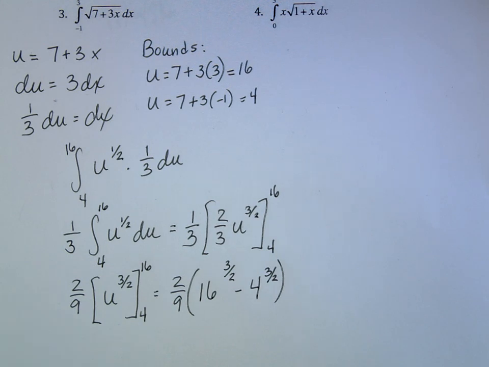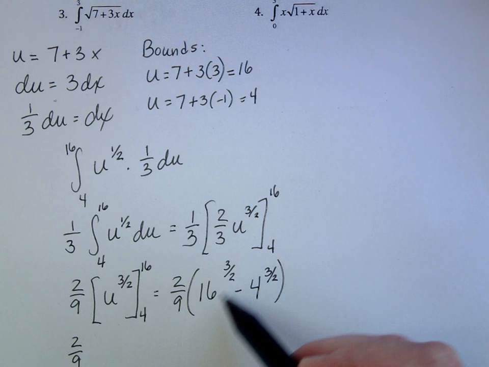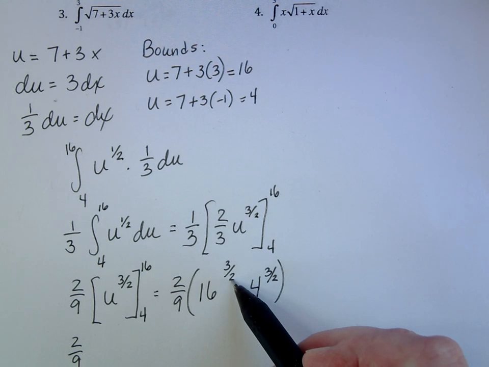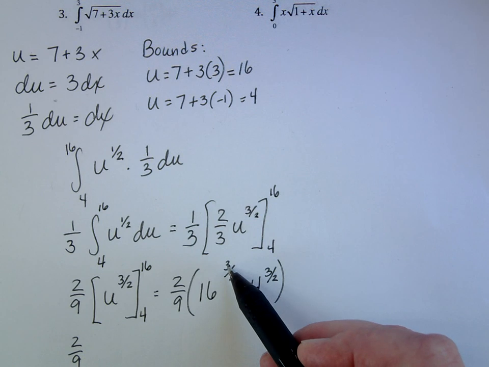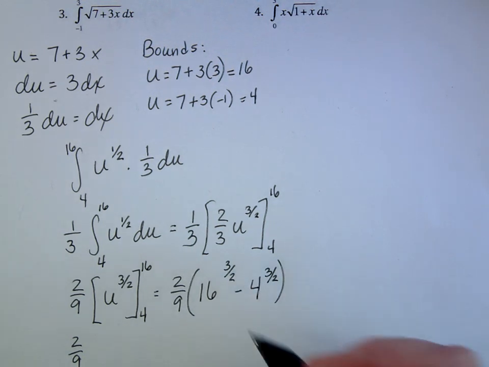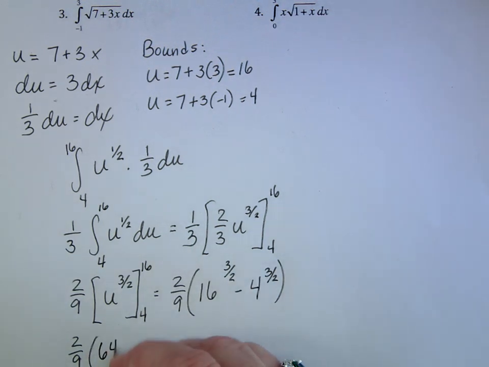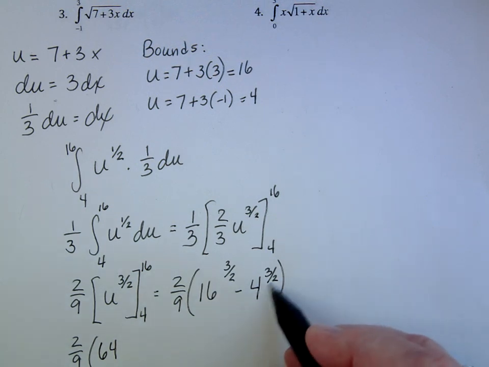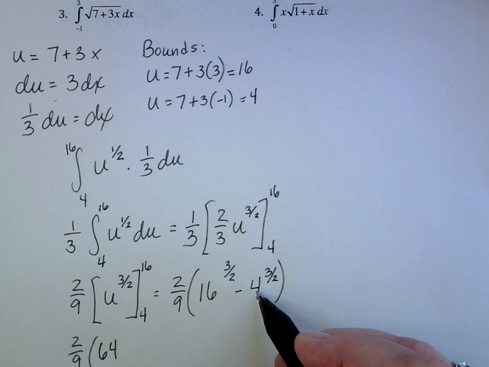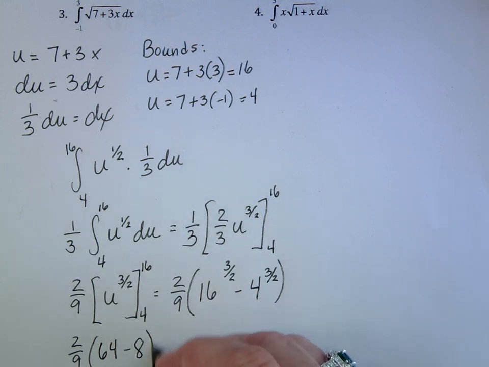If I take 16 and I take the square root of that, that's 4. If I take 4 and cube it, that gives me 64. If I take the square root of 4, that's 2. 2 cubed is 8. So 64 minus 8, I get 56.